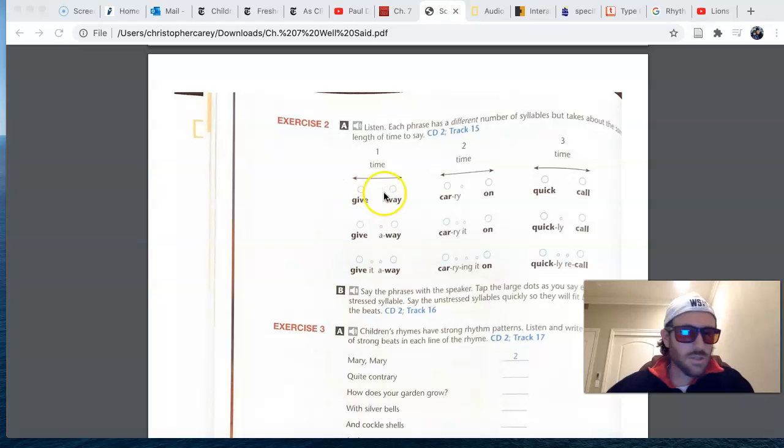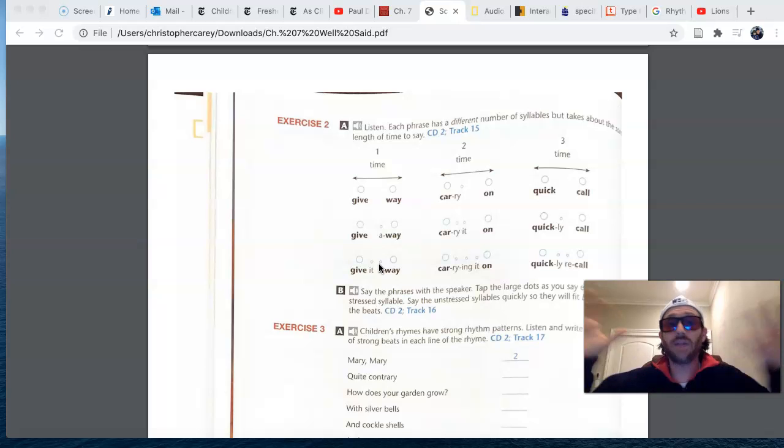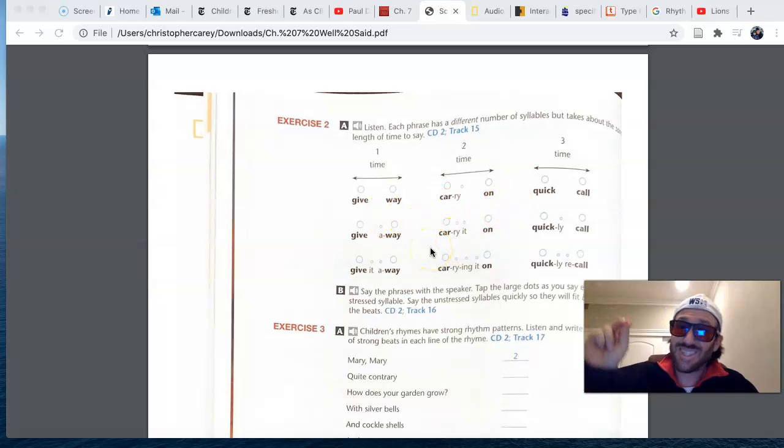And regardless of how many syllables there are, it doesn't really matter because the unstressed syllables are reduced and you can't really hear them as clearly. All that stands out really at the end of the day are these strong syllables or beats. So regardless of the phrase, it sounds very similar because it follows the same pattern based upon how many strong beats there are.